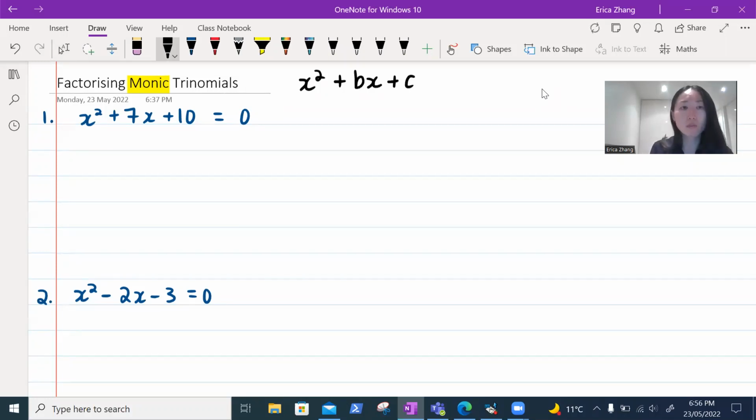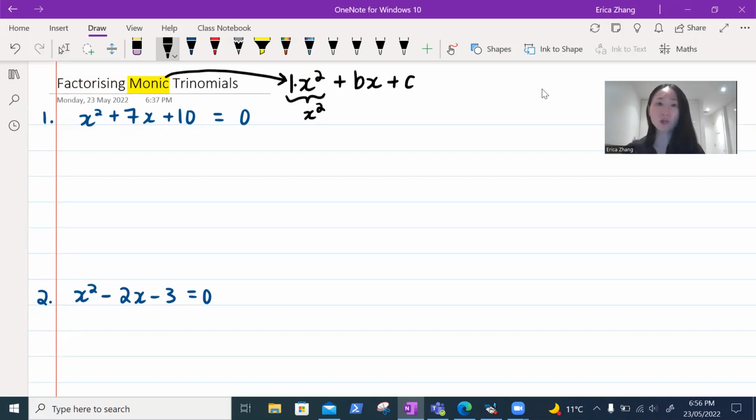The word monic tells us that the coefficient of x squared is equal to 1, but we represent 1 times x squared as just x squared, okay? So to factorize monic trinomials, we have a unique technique that we'll be using to solve these quadratic equations.